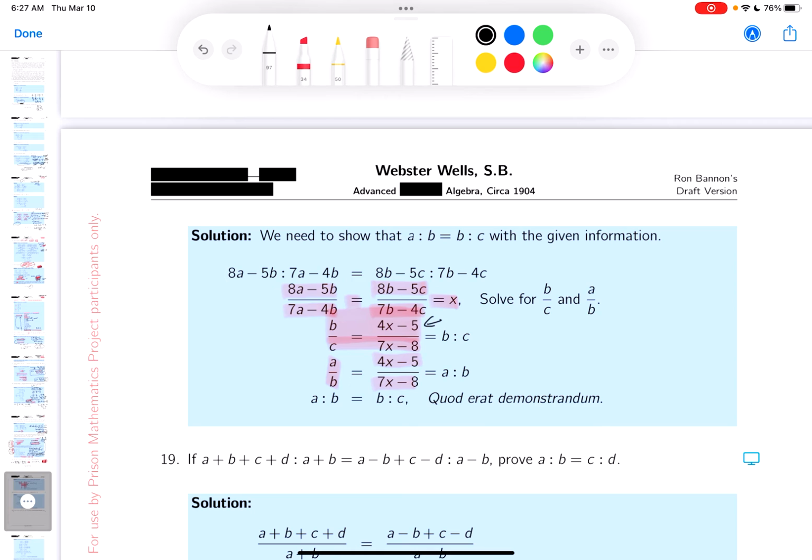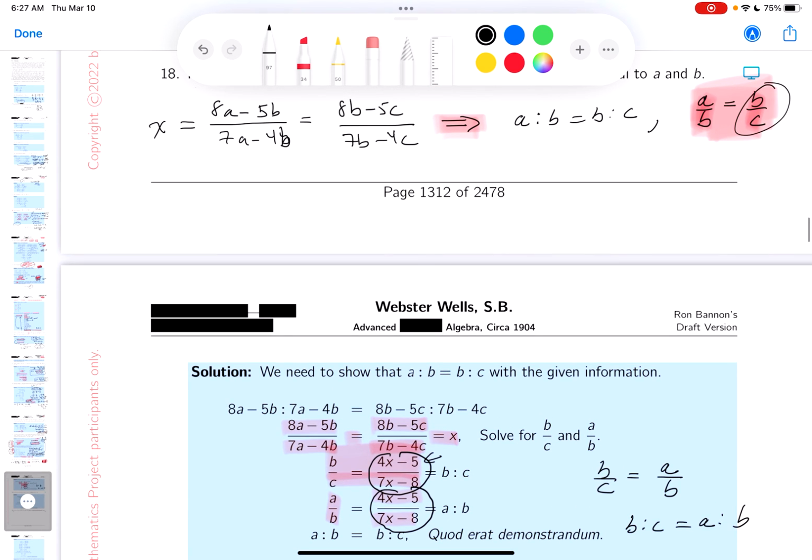I showed, if you look at this over here, this and this are identical. So what do we show? We have shown that b over c is identical to a over b, which means what? It means this. Is that what we wanted to show, though? Not really. It's a different order.